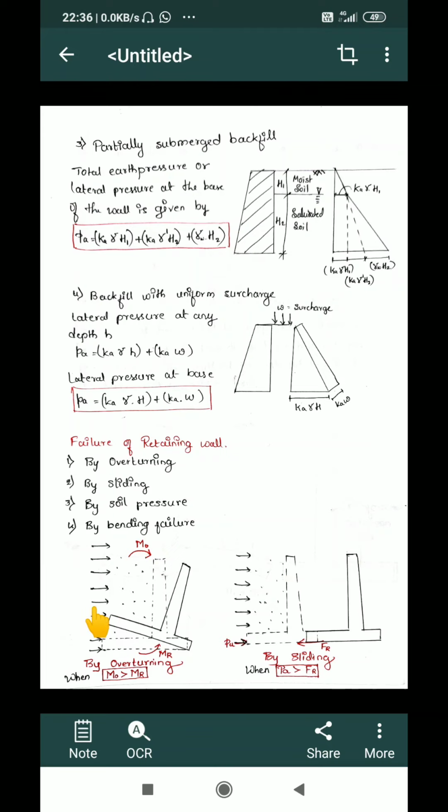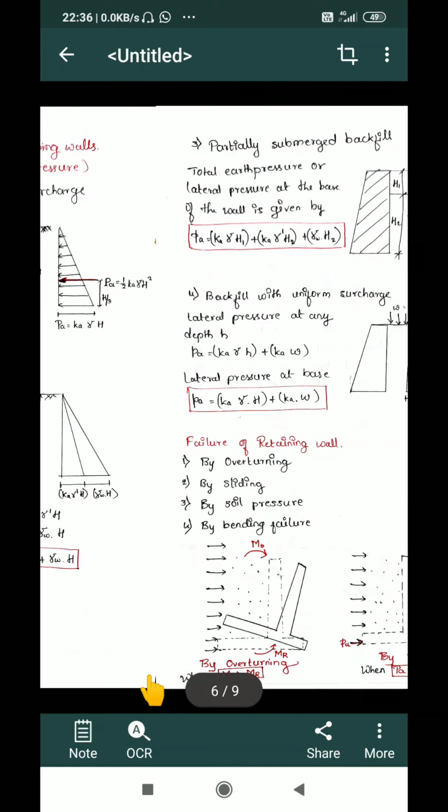That is, this wall will turn into this position, and the wall fails. So remember, the overturning failure mode occurs only when the overturning movement exceeds the resisting movement of the retaining wall.